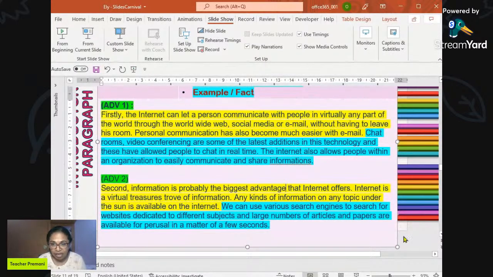Very good expression also, under the sun. We can use various search engines to search for websites dedicated to different subjects and a large number of articles and papers, which are available for perusal in a matter of a few seconds. This is also another expression which you can use.